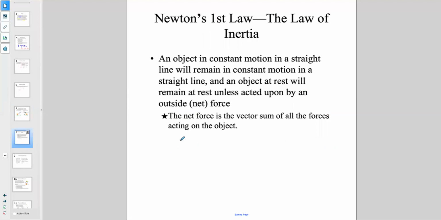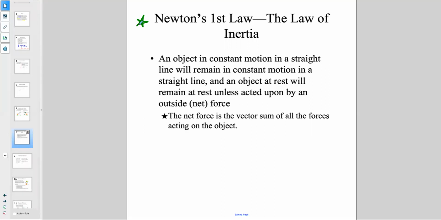Okay, let's talk about Newton's first law, the law of inertia. An object in constant motion in a straight line will remain in constant motion in a straight line, and an object at rest will remain at rest unless acted upon by an outside, or, in parentheses, and put an emphasis on it, a net force.